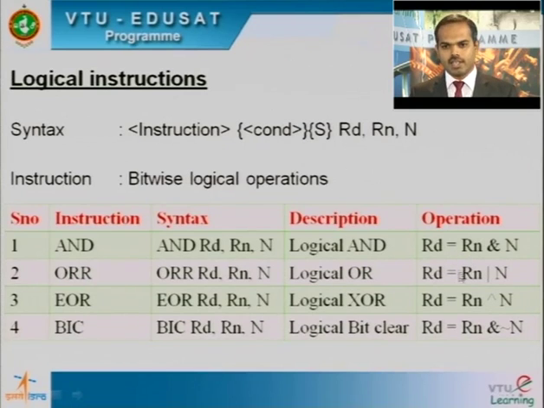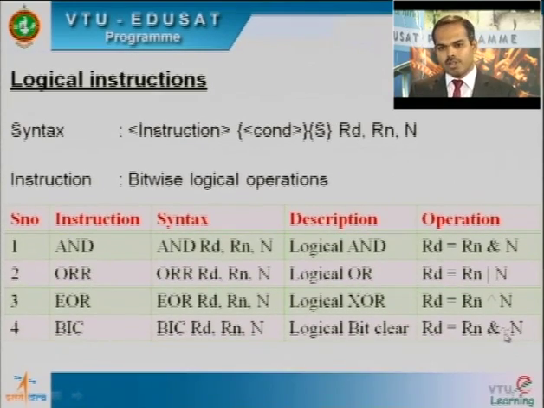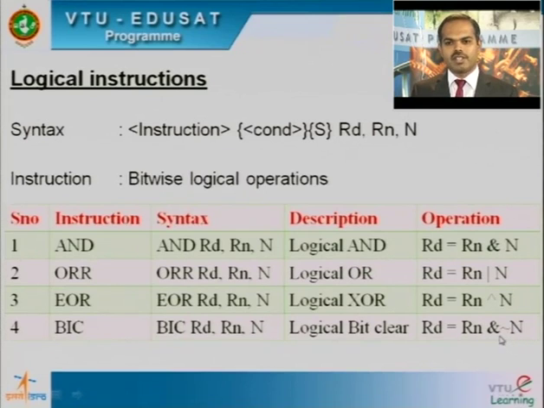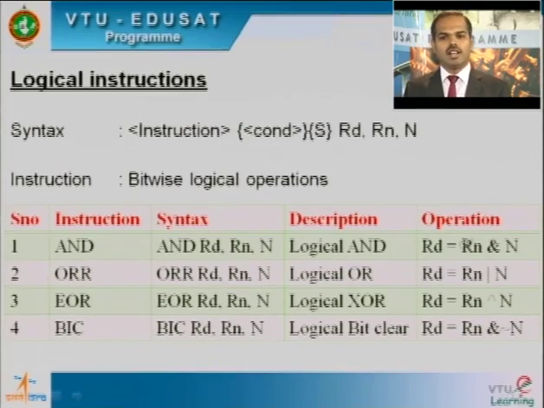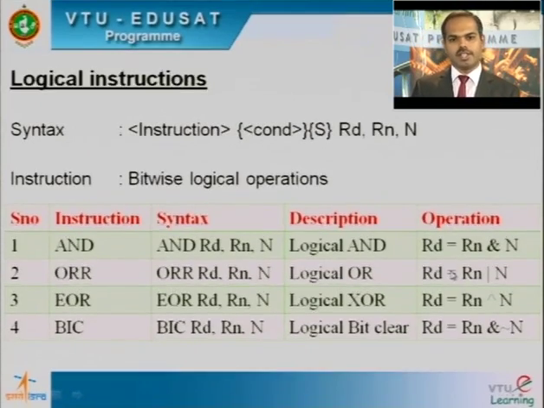Hope this is clear. Please observe the last column. It says that is for bit clear. Bit clear is logical bit clear: Rd equals Rn ampersand 1's complement of N. This ampersand is a logical AND operation. Let's look at these instructions with examples in the next slide.